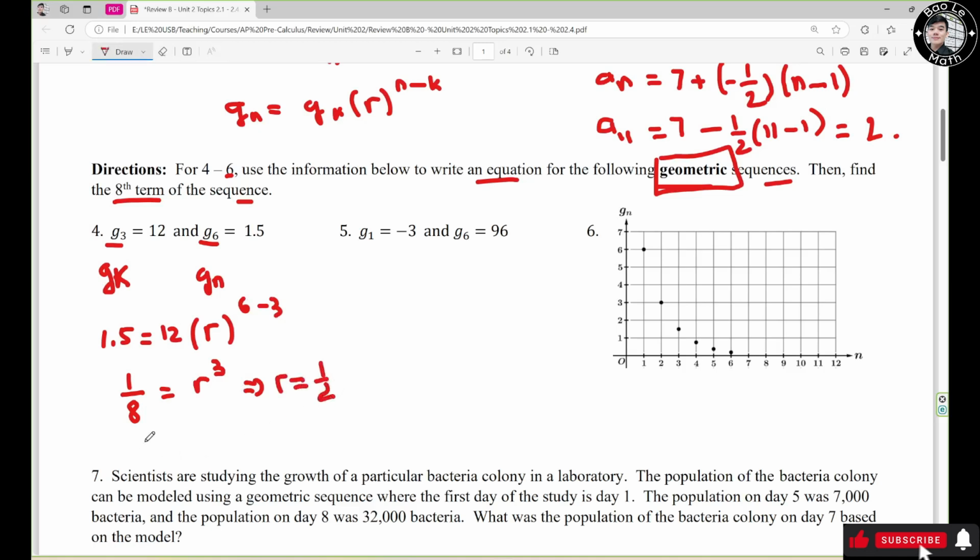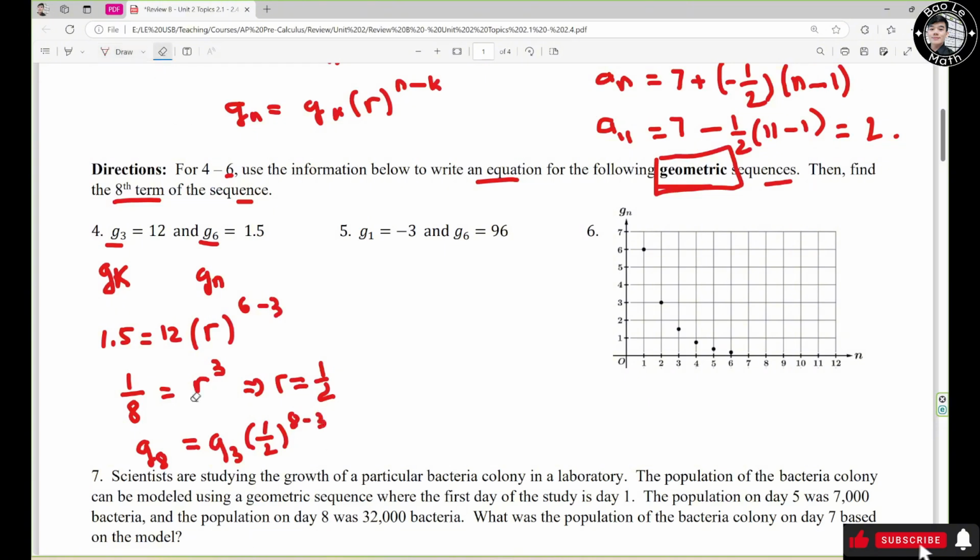Now we need to solve for g sub 8. Within these two terms right here, you can pick any term as g sub k, right? So I pick this one. It's going to be g sub 3 times the common ratio, which is 1 half, raised to the 8 minus 3, right?